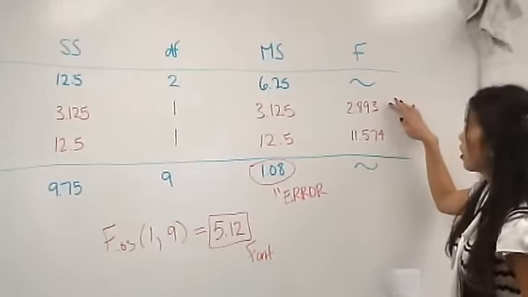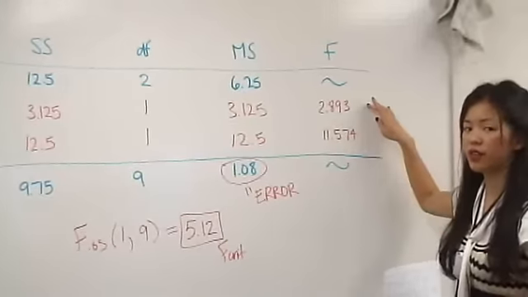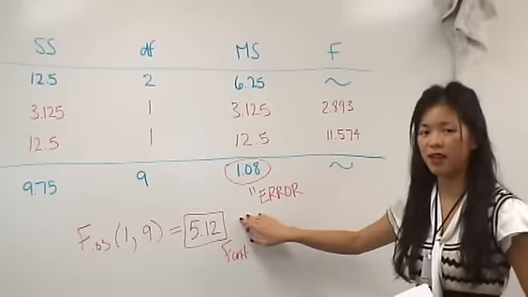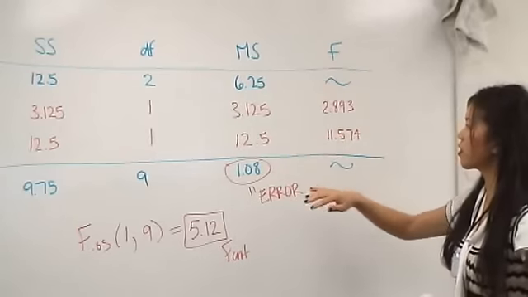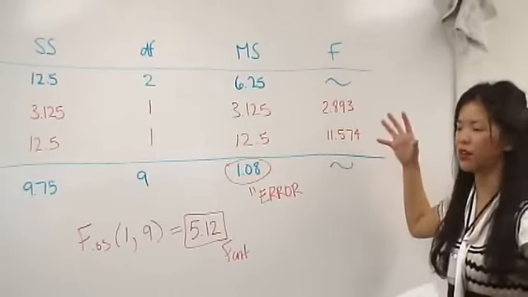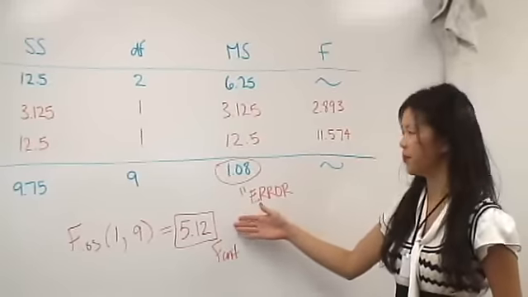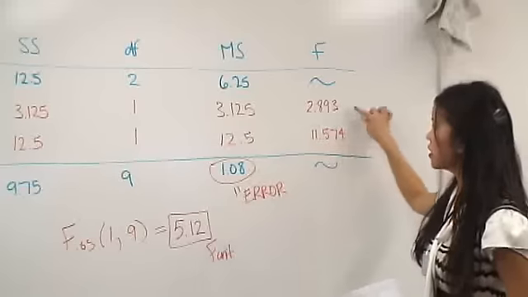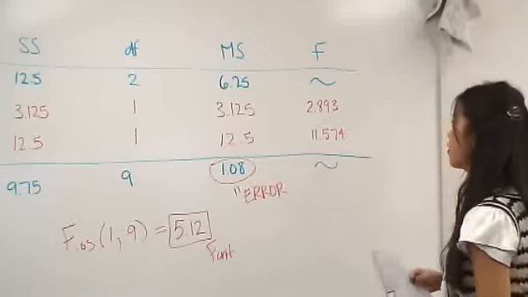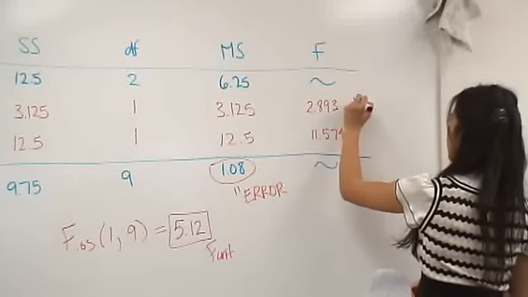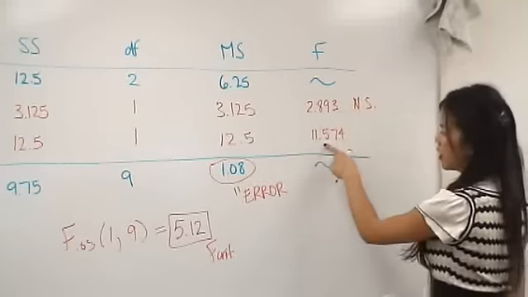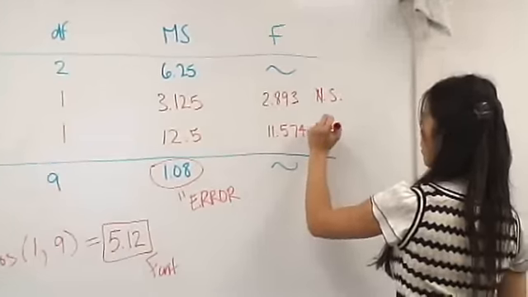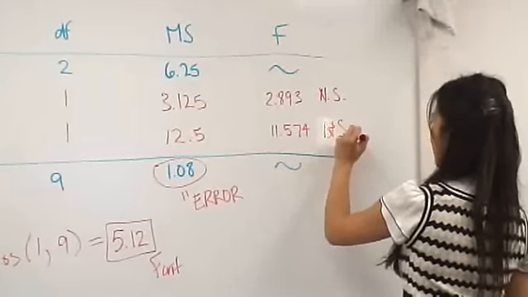Now remember, our obtained F values, which are also our F calculated values, always need to exceed this number. An easy way of remembering is that you did all this work to get these numbers, so you just want them to be bigger, whereas this number you're just getting from a table. So since this number is not larger than F critical, this one is not significant at the 0.05 level. However, 12.5 is larger than 5.12, so this one is going to be significant at the 0.05 level.